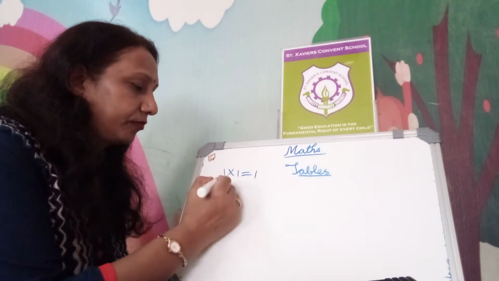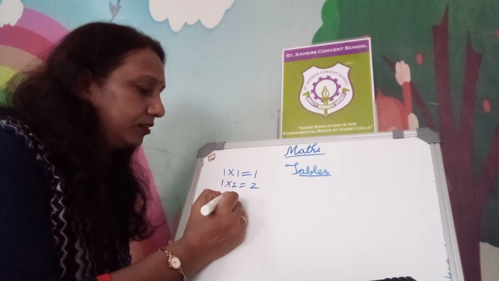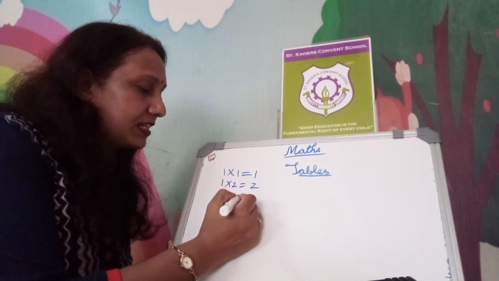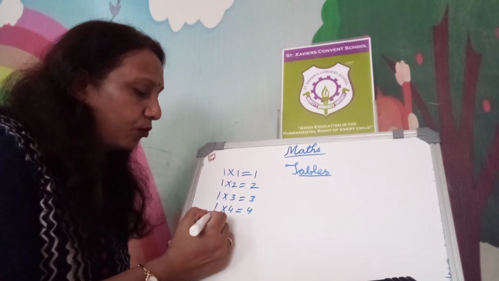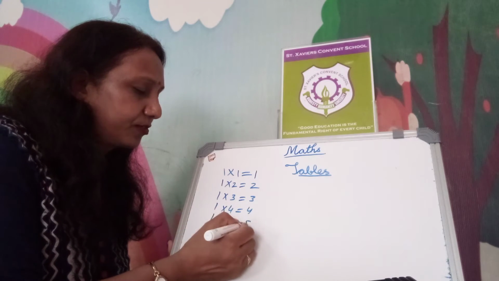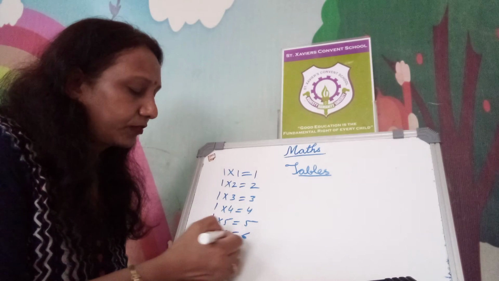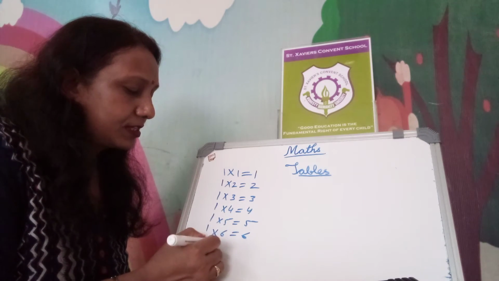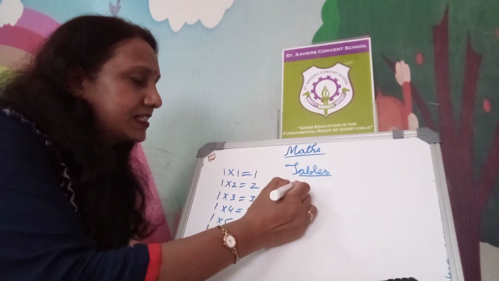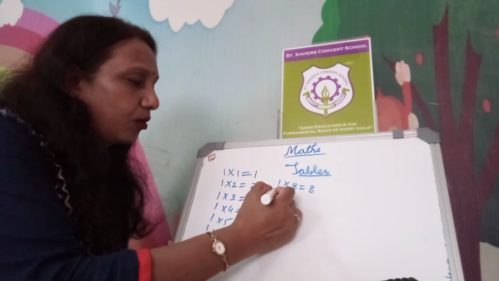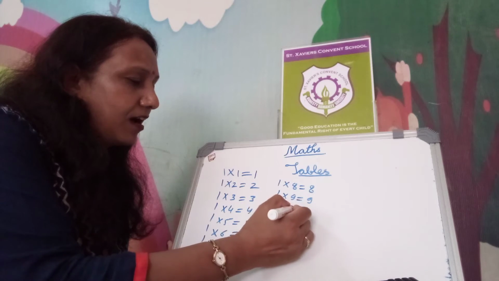Very easy when you write the table of 1. 1 1 is 1, 1 2s are 2, 1 3s are 3, 1 4s are 4, 1 5s are 5, 1 6s are 6, 1 7s are 7, 1 8s are 8, 1 9s are 9, and 1 10s are 10.